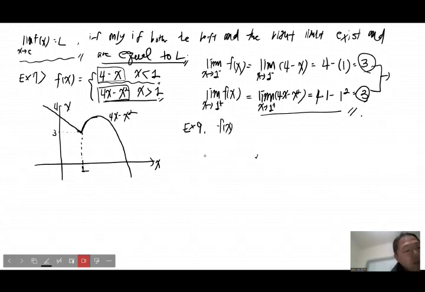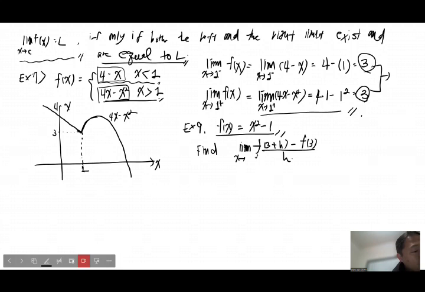f(x) is defined by x squared minus 1. Now we have to find the limit of f(x), but with this condition: f(3 plus h) minus f(3) over h, in case h goes to 0.